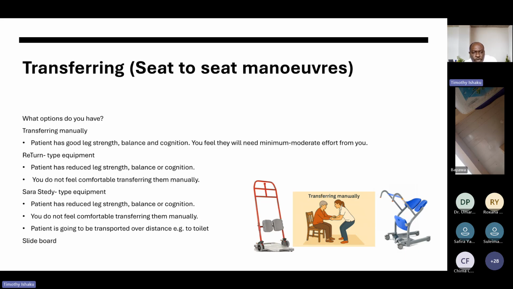Both the red one and this blue one, the Serra Steady, are not meant for transportation of the patient. They are meant for transferring the patient over a short distance from one platform to the other, ideally. Although people use it differently, ideally it's not meant for transporting the patient.